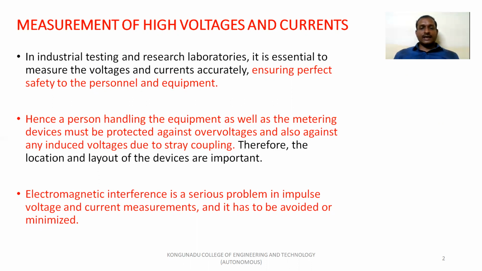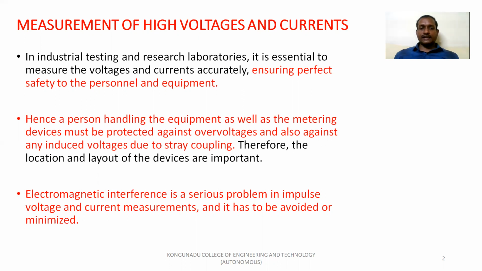Hence, a person handling an equipment as well as metering devices must be protected against over voltages and also against any induced voltages. The human being and also the metering device should be protected from the over voltage, and against induced voltage due to stray capacitance coupling. Therefore, the location and the layout of the devices are important.